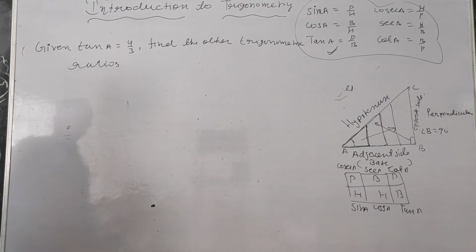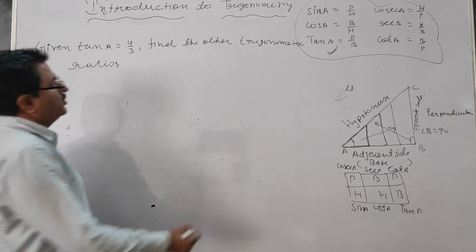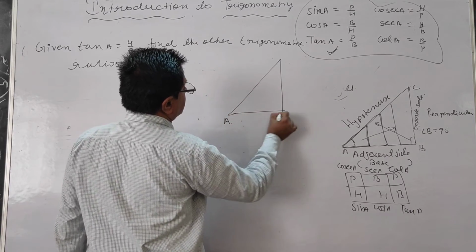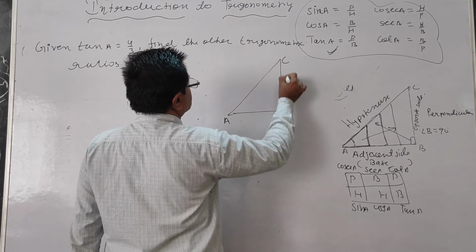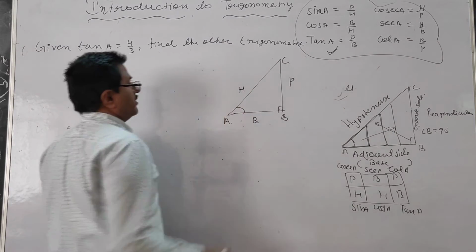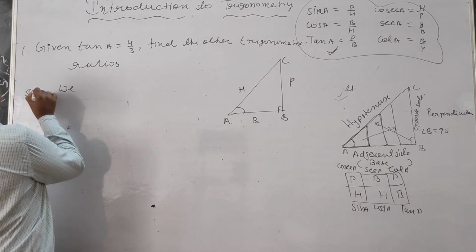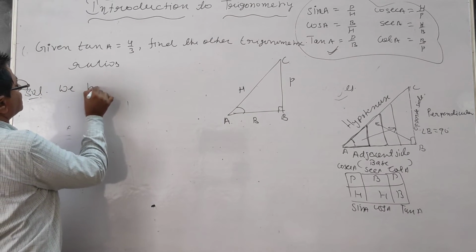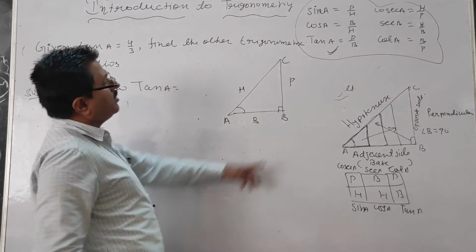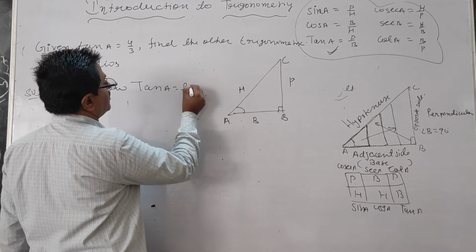Clear? So we know that tan A is the ratio of which sides? Suppose this is our triangle, this is angle A, this is B 90 degrees, C. So this is perpendicular. If you are considering A, then this is base and this is hypotenuse. And in the solution you write tan A equal to perpendicular upon base.